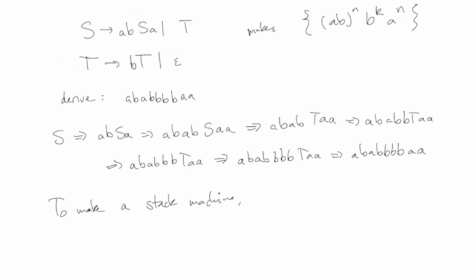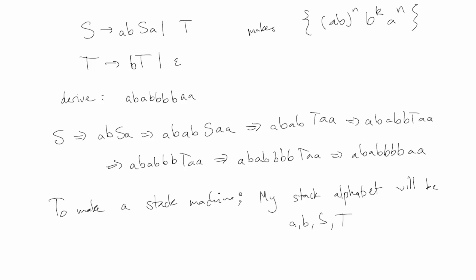All right. So to make a stack machine, we didn't really talk about this formally, but I think you know what I mean when I say it. My stack alphabet, that is to say, the kinds of things that you can put on the stack in this example, will be A, B, S, and T. So what you're going to see on the stack is some combinations of S's and T's and also A's and B's. All right?